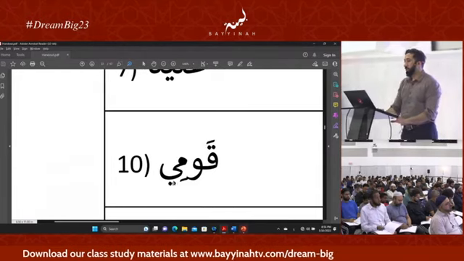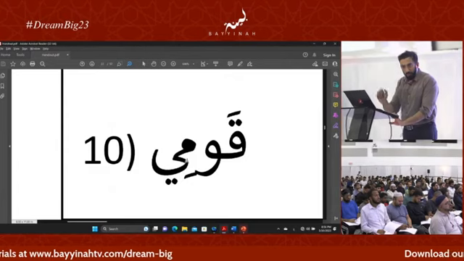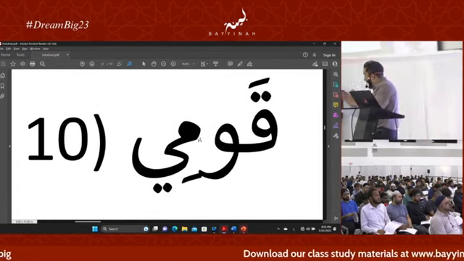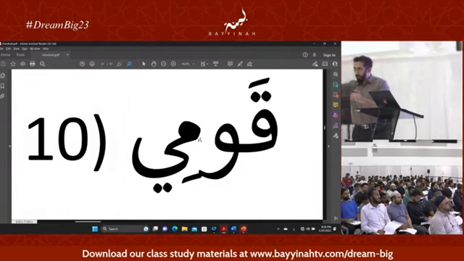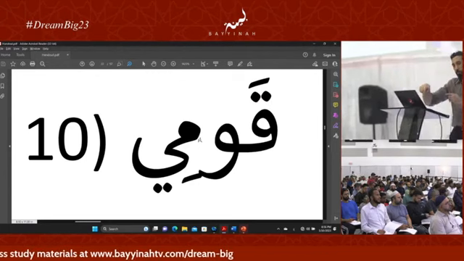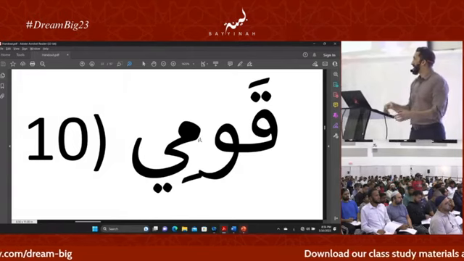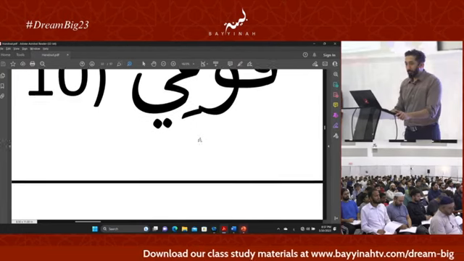Okay, this one says qawm. You know the word qawm already, don't you? We saw qawm a number of times. What does this say? Qawm followed by E. Is E one of the cousins? Yes. Who's the original for E? Ana. What does ana mean? So qawmi must mean my nation.